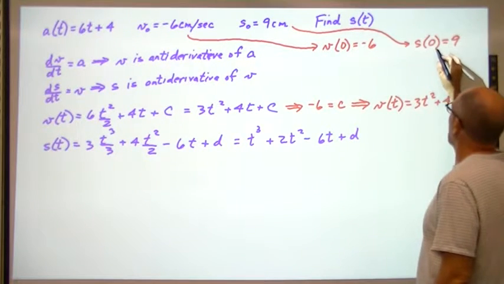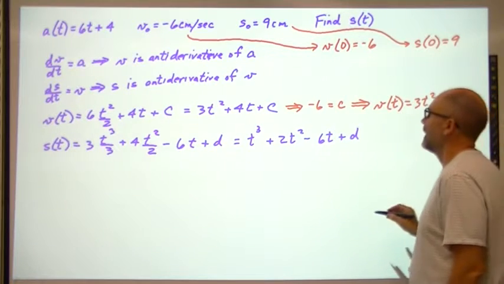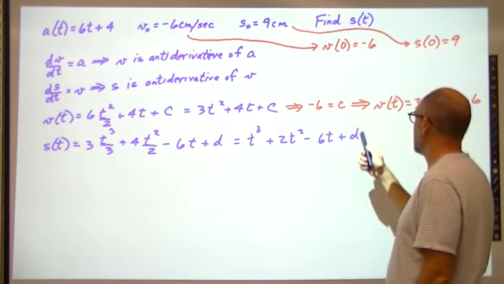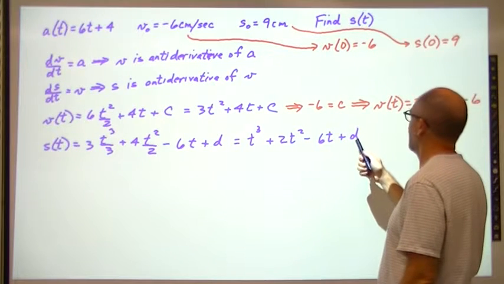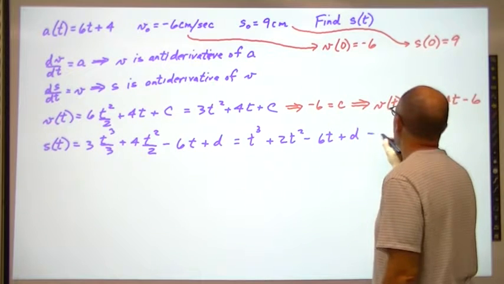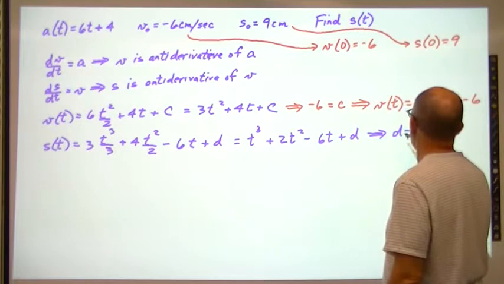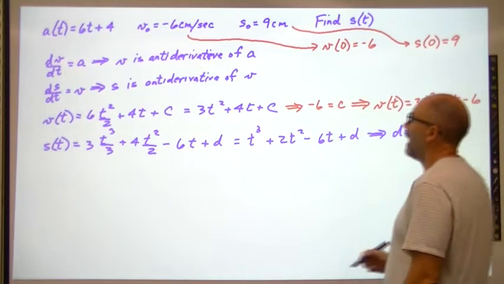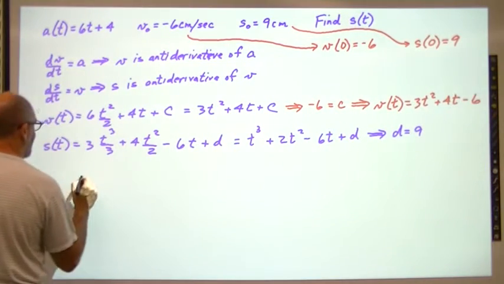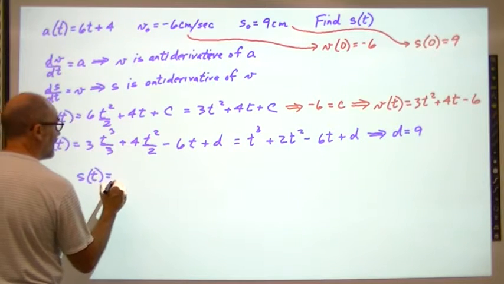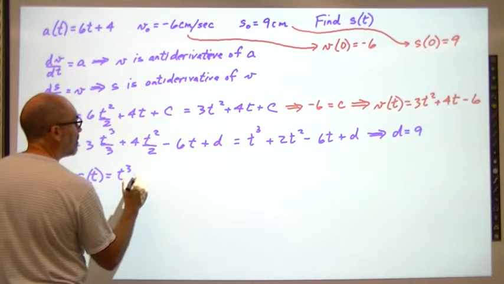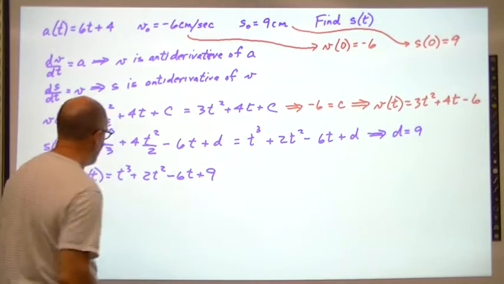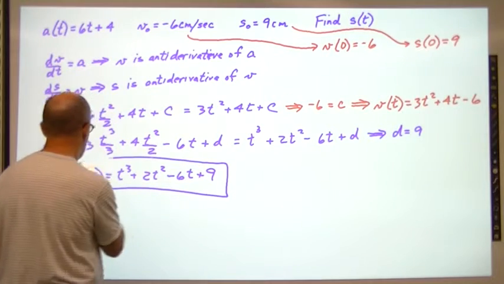Well, if s of 0 is 9, then that means 9 equals 0 plus 0 plus 0 plus d. So that means that d equals 9. And so now my final function is s of t equals t cubed plus 2t squared minus 6t plus 9. That's it.